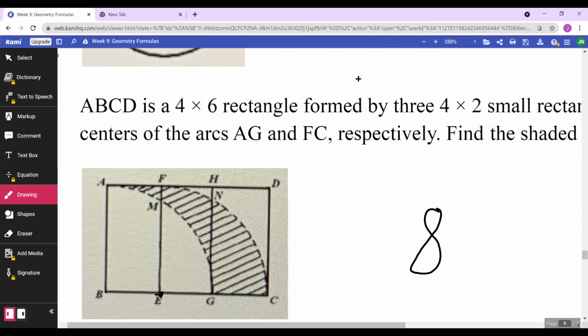What is that thing called? Triangle. Yeah. So you find the area of ABG, then you do the whole rectangle minus ABG and minus that curvy thing.